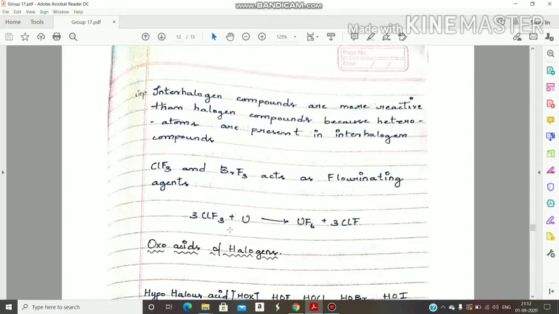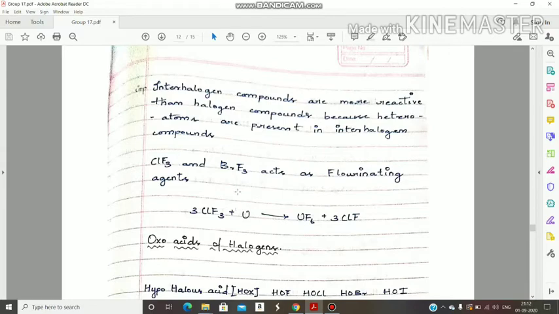That means ClF3 loses its fluorine to uranium. It gives fluorines to uranium. That is why they act as fluorinating agents. So both ClF3 and BrF3 act as fluorinating agents. What is the meaning of fluorinating agent? When these compounds react with any other compounds, they liberate or give fluorine atoms.